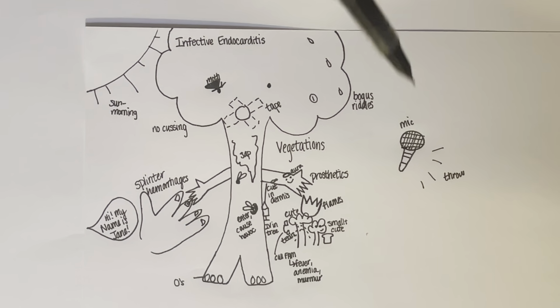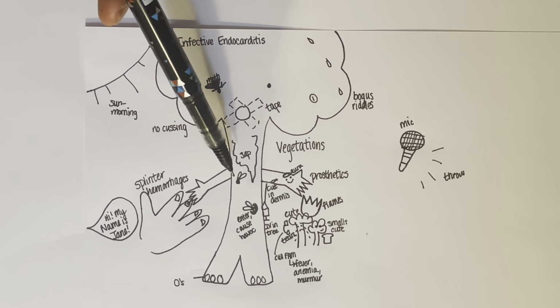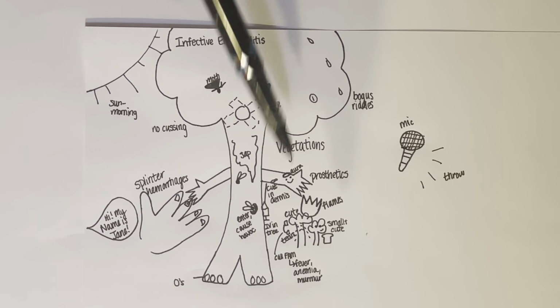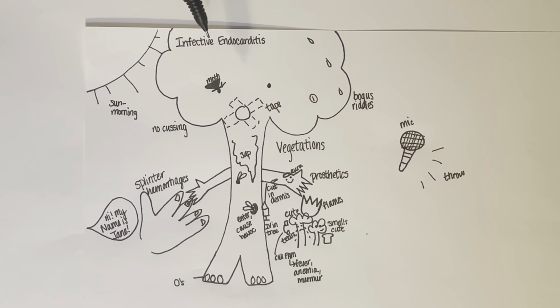So here we have another pathology which we have a lot to learn about, and this is infective endocarditis. For this we have these bugs which are infecting a tree, so that's for infective endocarditis.